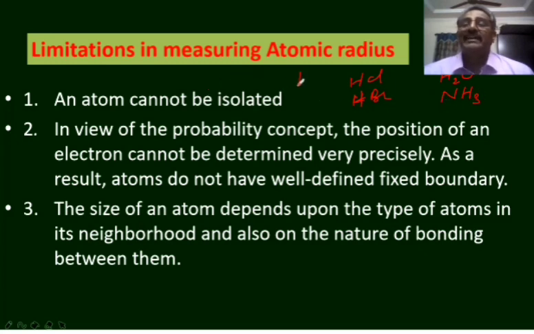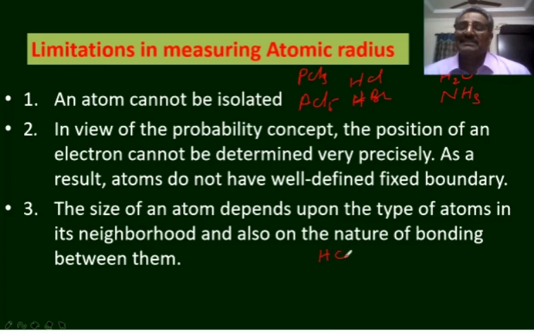In the same way, phosphorus trichloride and phosphorus pentachloride. In these two compounds also, the size of the phosphorus atom may not be the same in both compounds. In some cases, the nature of the bond also will be changed.